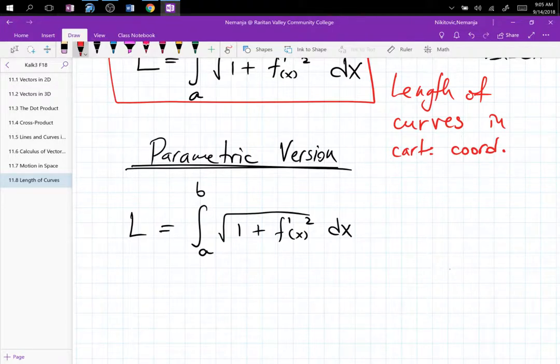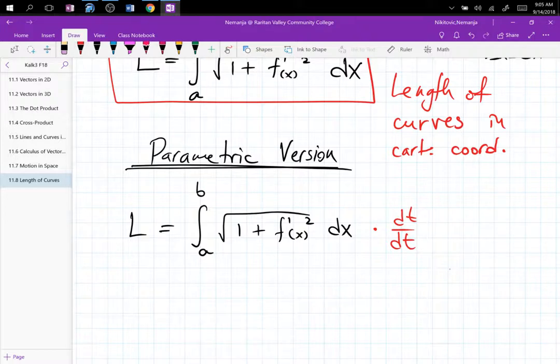And what we do is we multiply the equation by dt over dt, because we know that the parametric form is done in terms of parameter t.